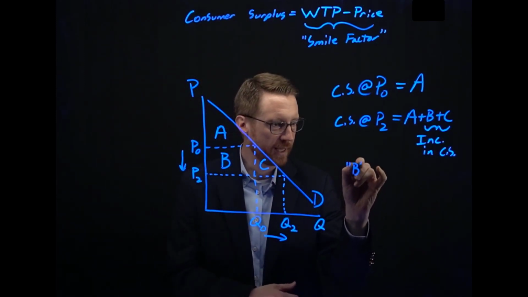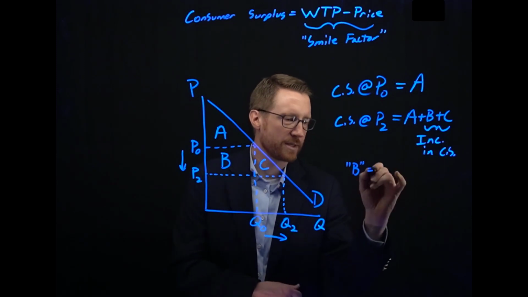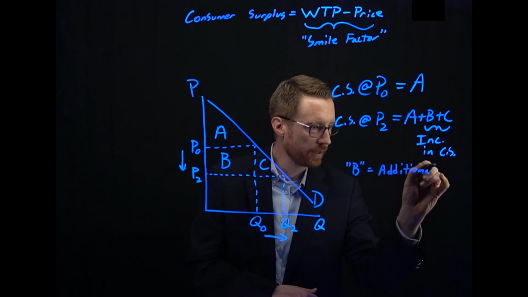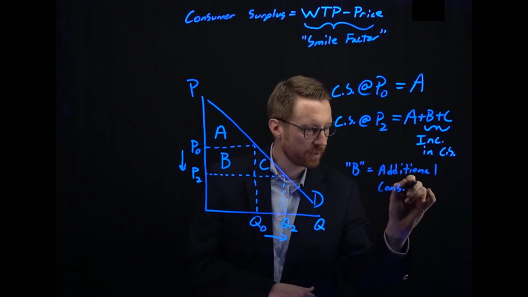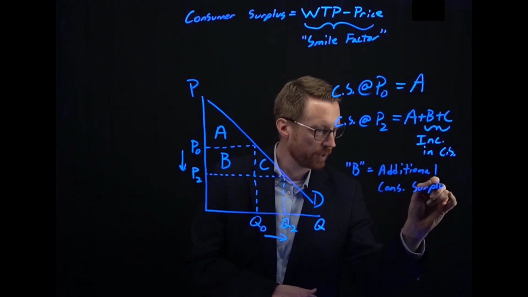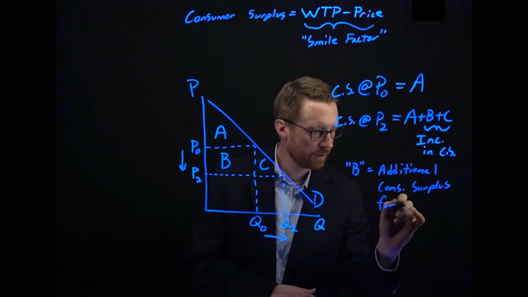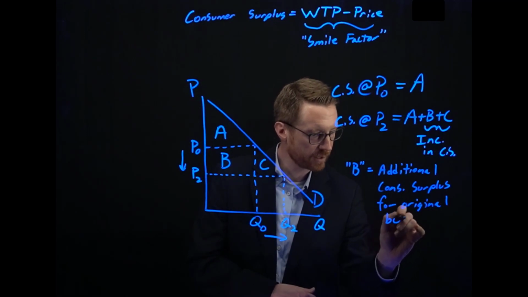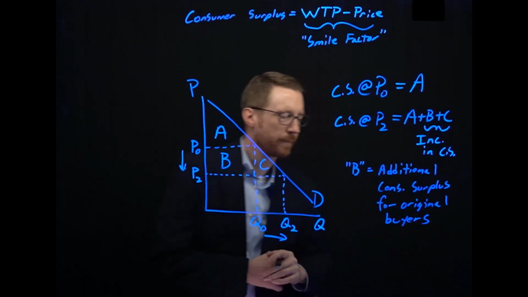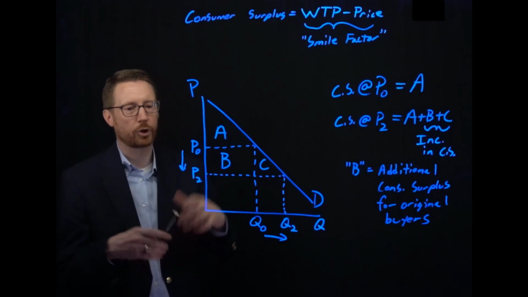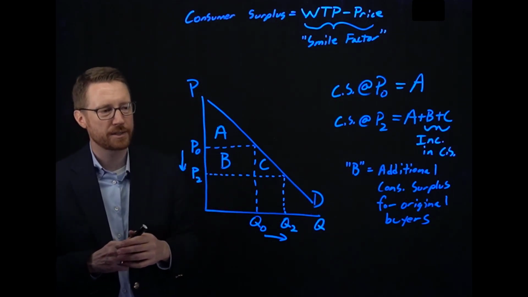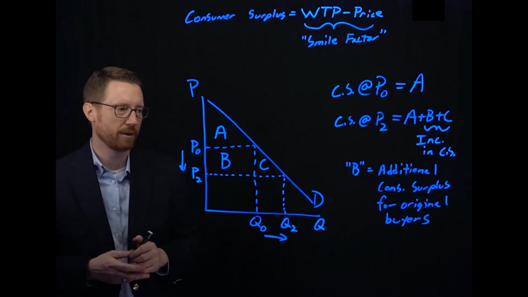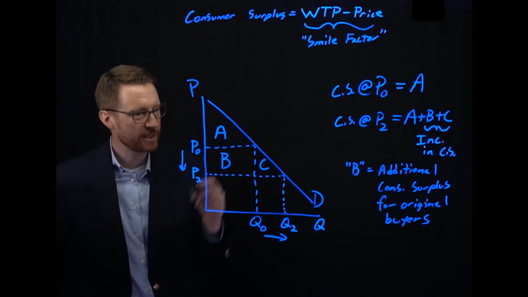This is the additional consumer surplus for the original buyers. The people who were going to buy at the higher price, they still buy at the lower price. They're just smiling even more. All right, so that's area B.